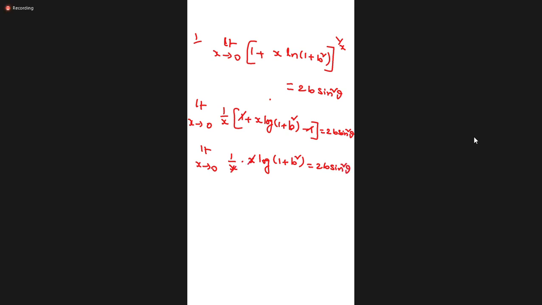Now x cancel, so there is no x. So the limit of log (1 plus b square). There is no x, which means that whatever term is there is a constant. So the limit of a constant is the constant only: log (1 plus b square).